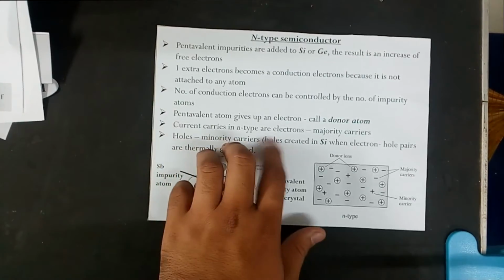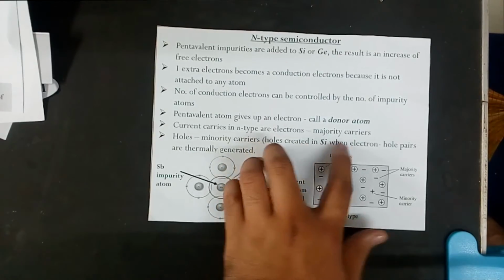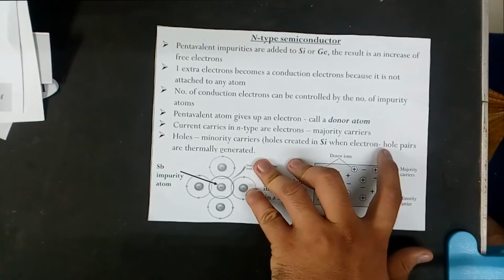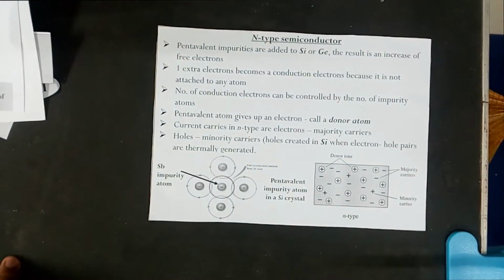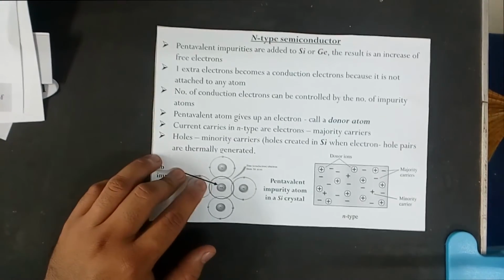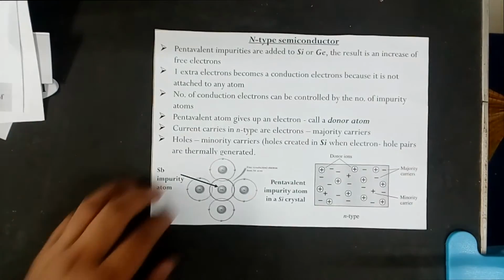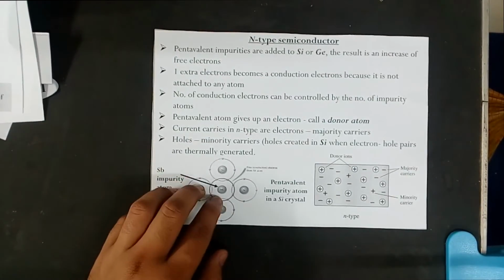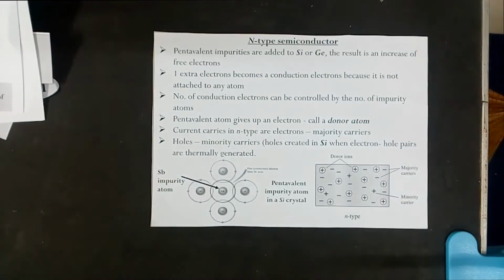Holes are created in silicon when electron-hole pairs are thermally generated. As you can see, one atom of silicon is paired to another 4 atoms of silicon.